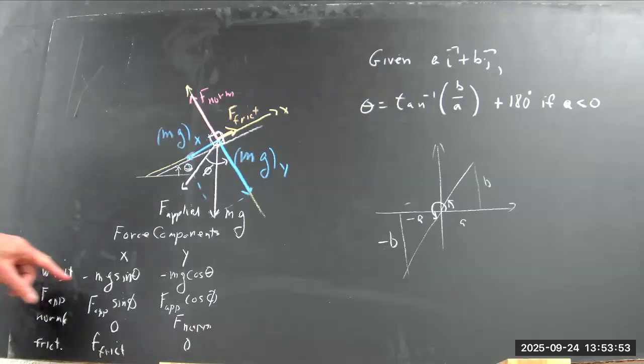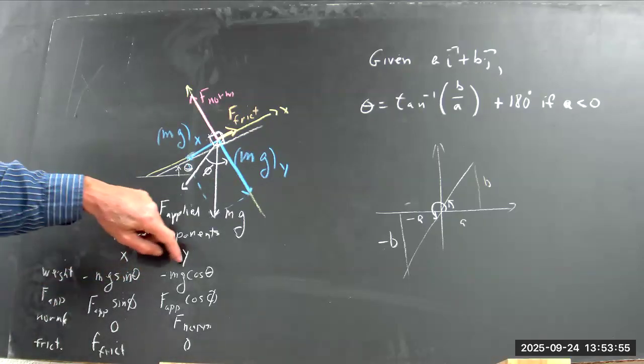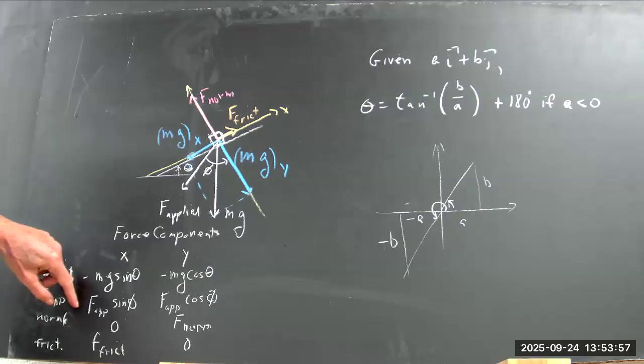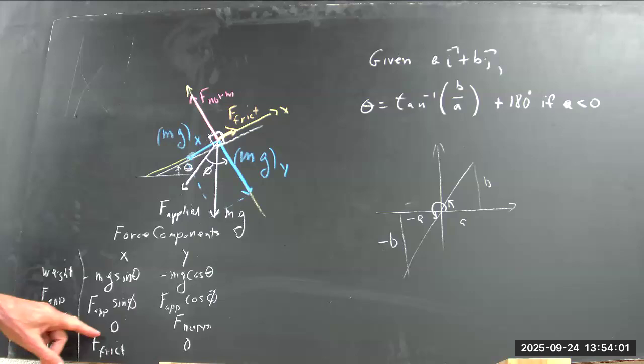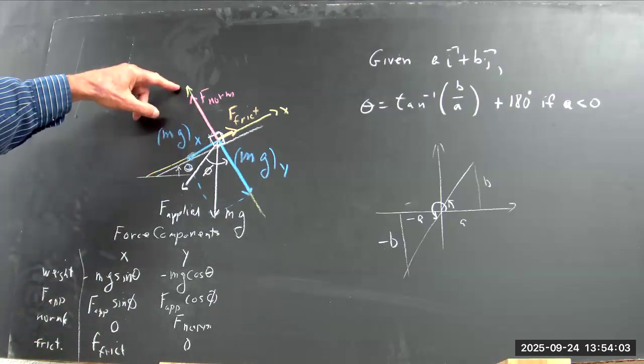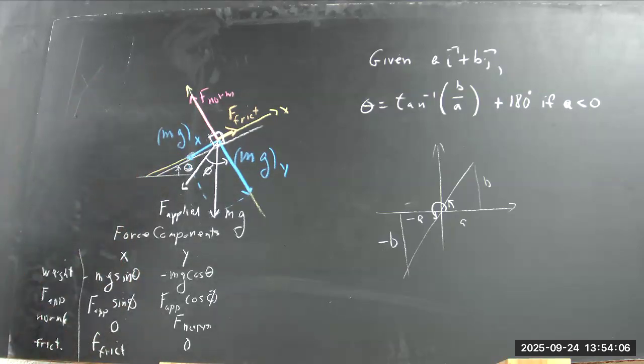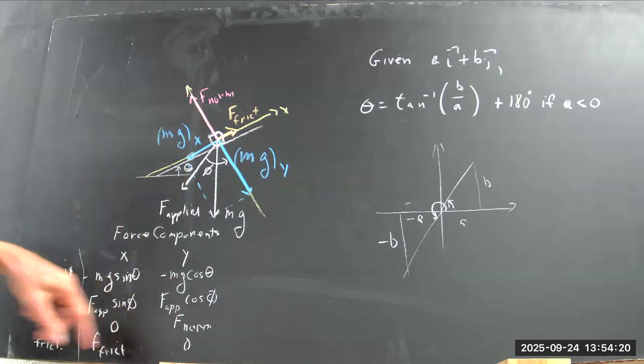And I've just written weight. That's what these components are. Applied force, here are the components. And normal force is purely in the y direction. And friction is here. Now, if you know the angles and everything else, and know how to calculate the force of friction, let's go over to the y components. You have equilibrium.